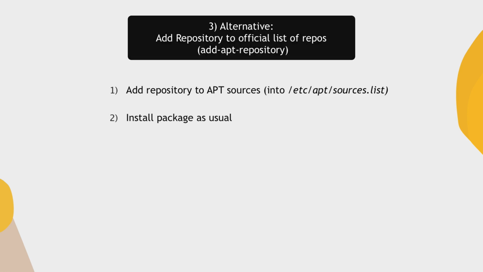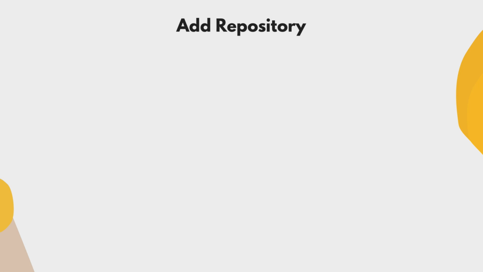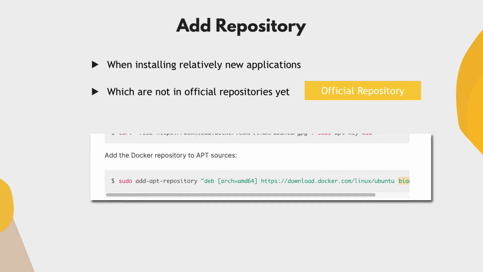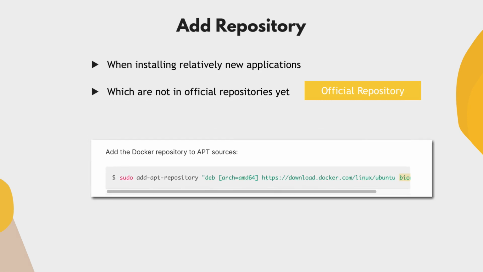And the reason why I want to show you that option as well is because you will encounter it, for example, when installing relatively new applications or new tools that are not in the official repositories yet, especially if you're working on an older version of the operating system. And in an installation guide, you will see these steps where you have to first add a repository that contains the package that you're looking for, and then install the package from there.